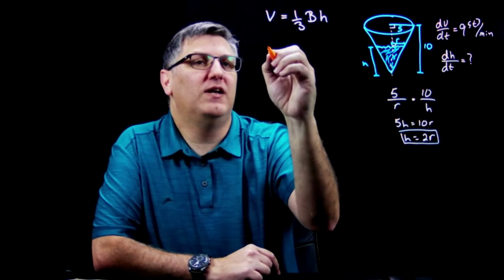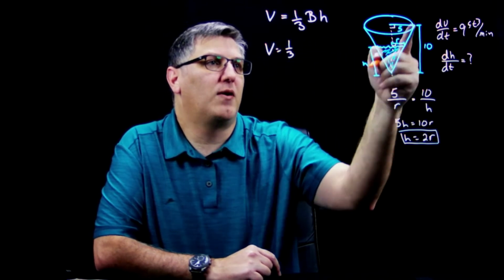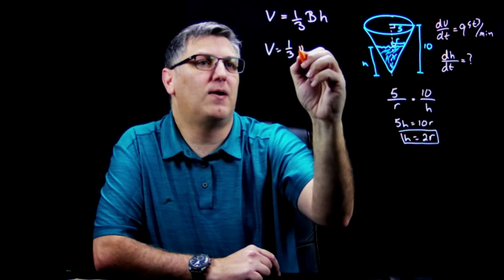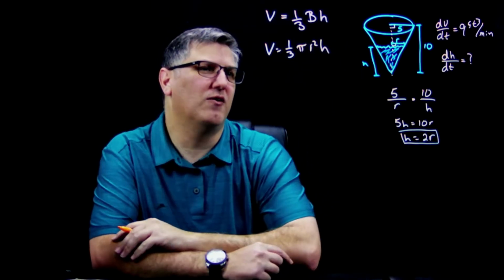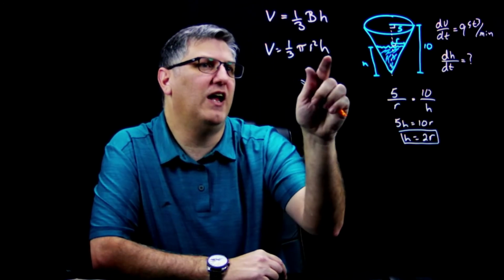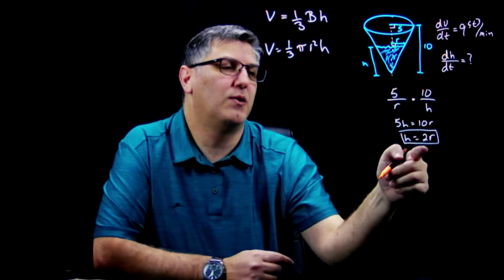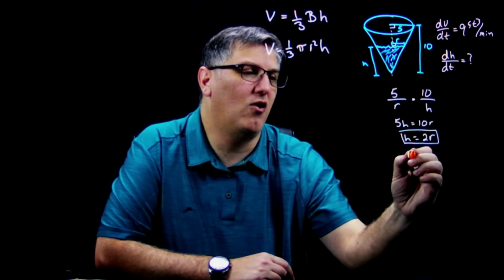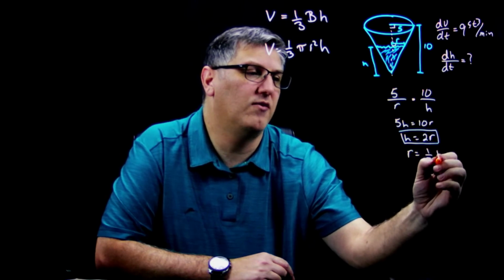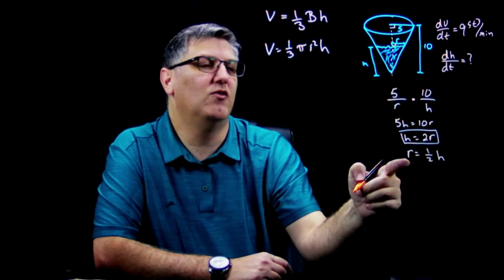Well, I know my big B is a circle, so the volume is 1/3 pi r squared h. Well, I've got 3 variables here. I only need a V and an h. I need to get rid of this r, and I can, because I can rearrange this and say that r is 1/2 of h. Now I can substitute in.